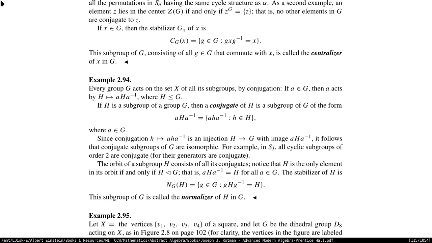Wait, but does that... So if A is in the center of P1, then since P2 is going to contain x A x inverse, which is just A, that means that A is in the center of P2 as well. I guess that I'm at least convinced that P1 intersect P2 contains the centers of both P1 and P2.